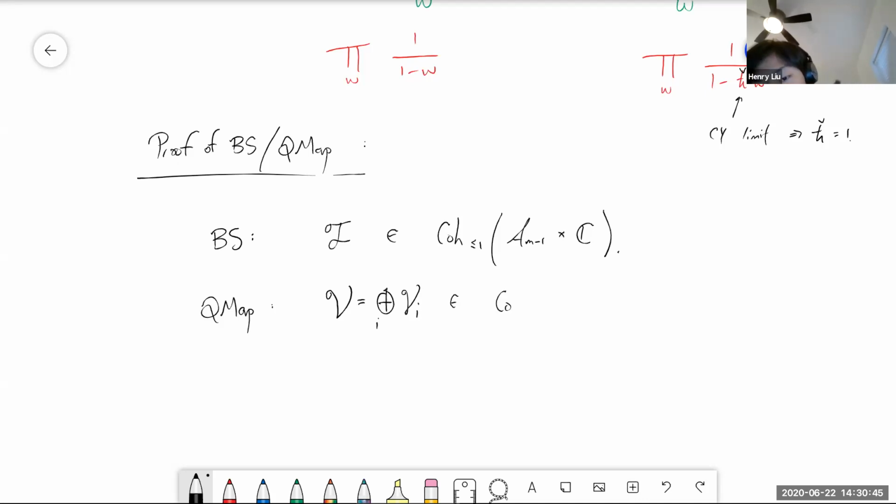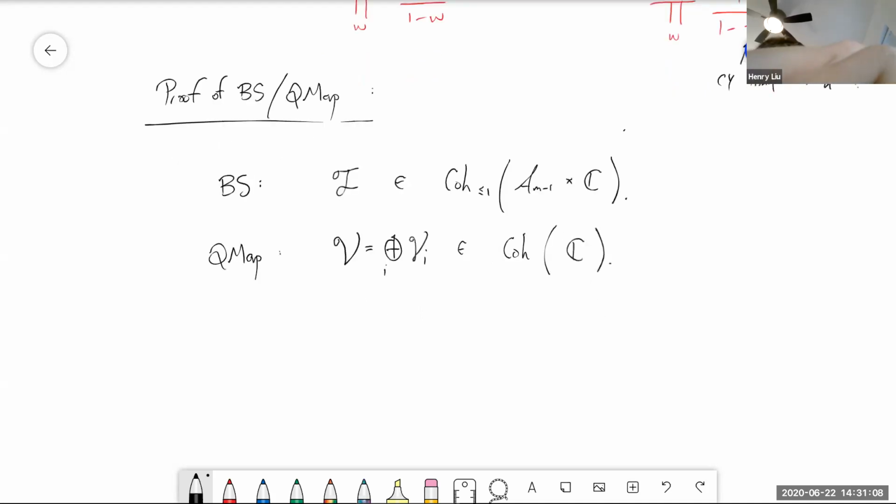This will be coherent sheaves on, let me just write C here as well, because here we're thinking about the vertex. And for the vertex, nothing special happens at infinity. Okay, so this is like the C, which is everything but infinity on P1.